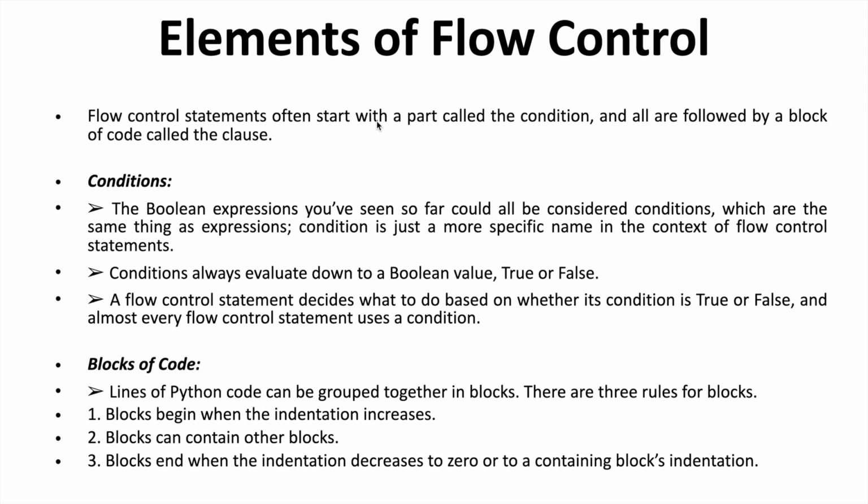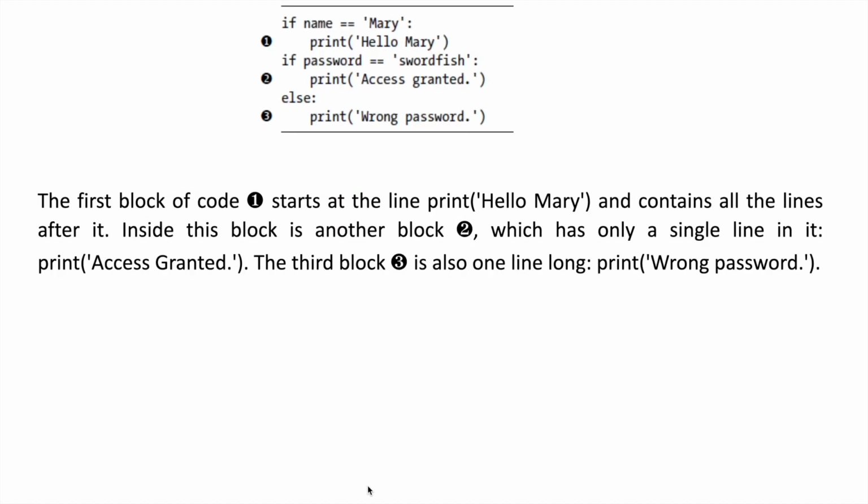Next, blocks end when the indentation decreases to zero or to a containing block's indentation. What is the meaning of that? Observe here. After the end of every block, the indentation decreases again. This is the first block. What is the first block? Print hello Mary is the first block.